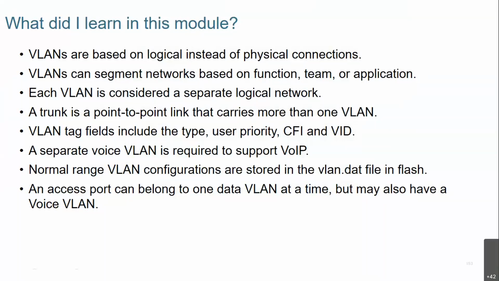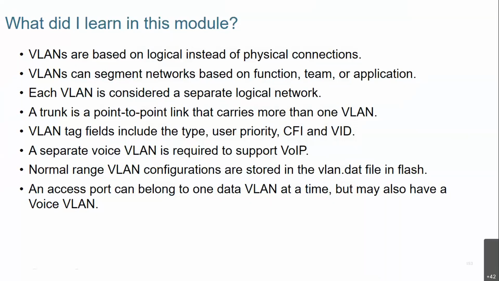A trunk can carry all VLANs, 10, 20, whatever, and it knows which VLAN needs to go where because these VLANs are tagged with the VLAN ID. Management VLANs are not tagged, and these are taken under the native VLAN.